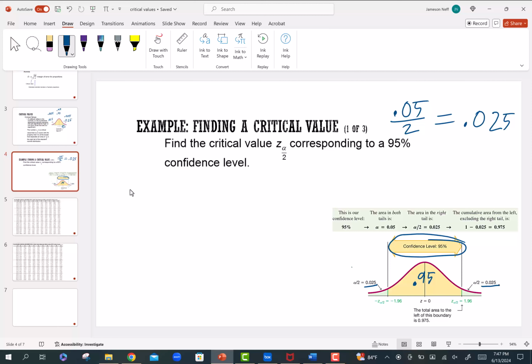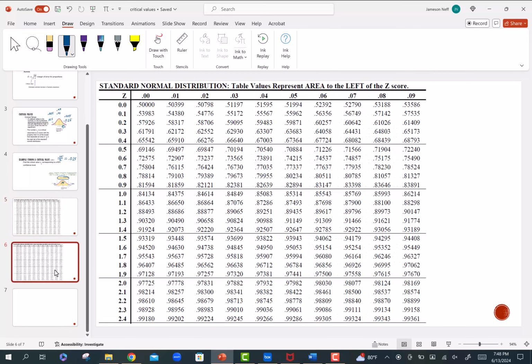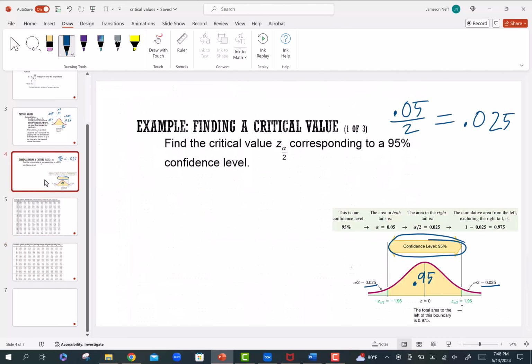Now I can use the original z table to figure this out. But you have to remember, this table represents area to the left of the z-score. So I want to find these two z's, so I'm really finding two z-scores, the negative and the positive one, between which is 95% of the area.